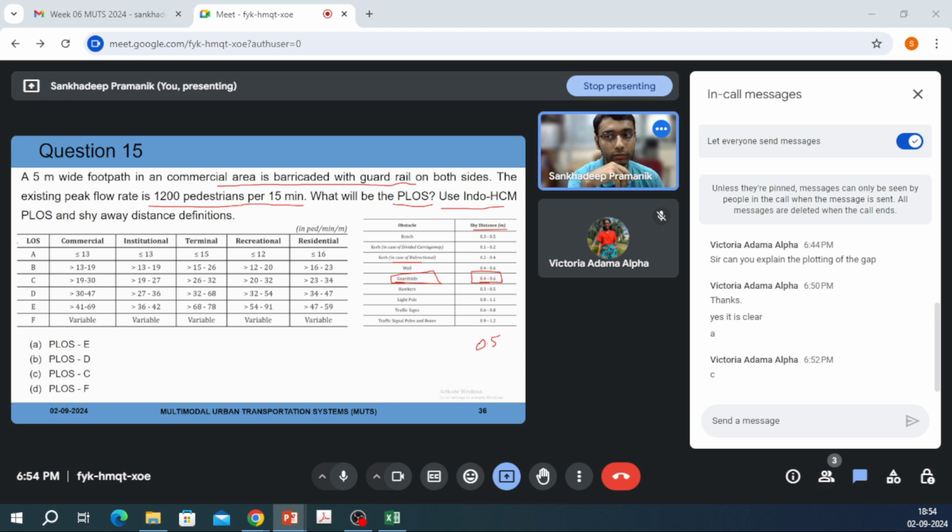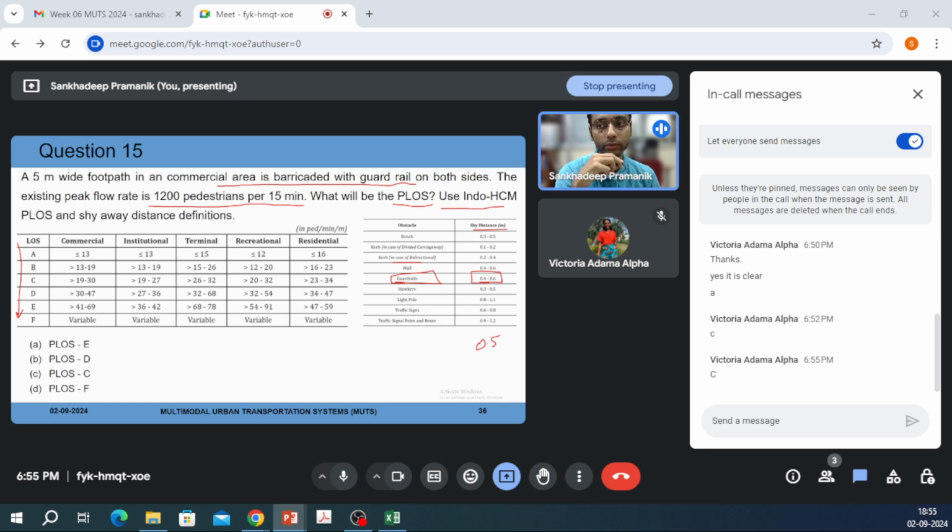And this table is given for calculation. Yes, C will be the correct answer.